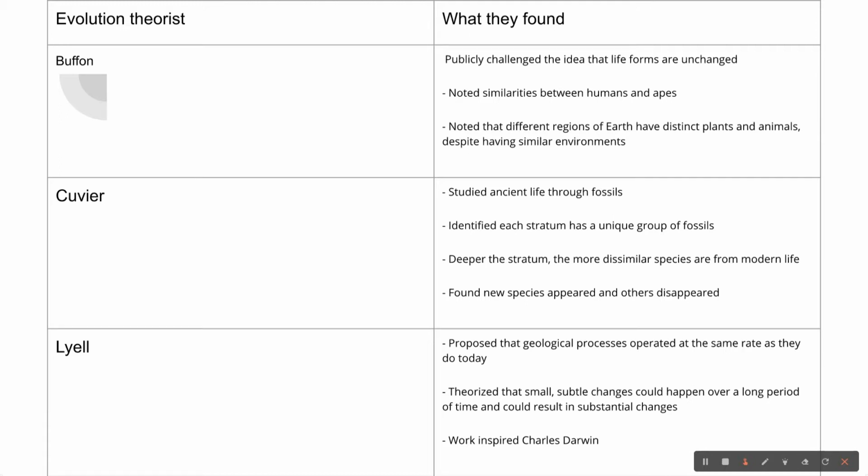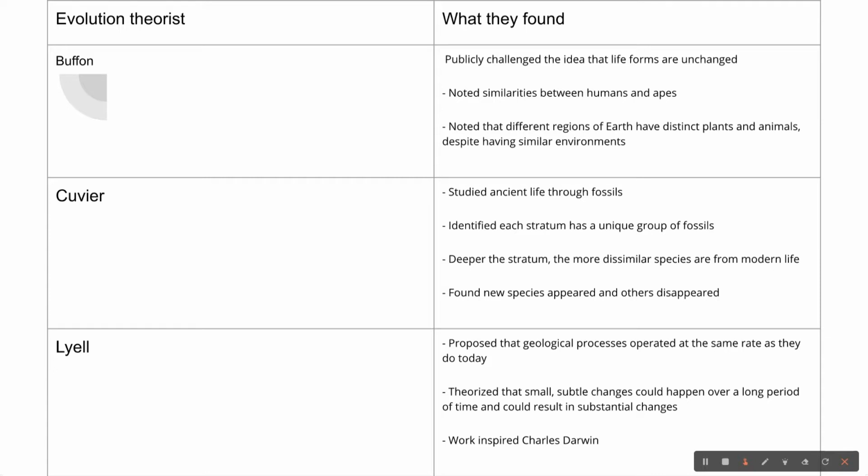He also noted that different regions of Earth have distinct plants and animals despite having similar environments. He didn't know why it happened. That is likely due to Pangea, the one giant landform that has now split apart. Now they have similar environments, but some have different plants and animals, and some have similar ones, depending on what happened with the adaptations.